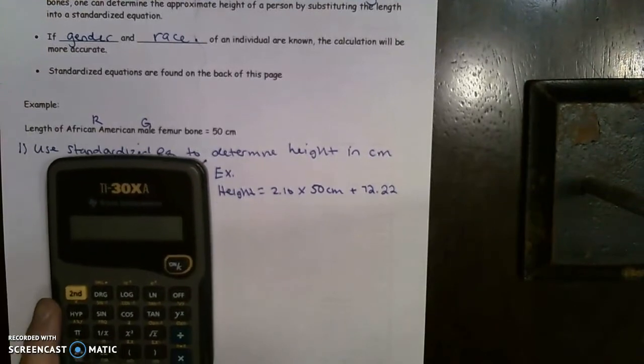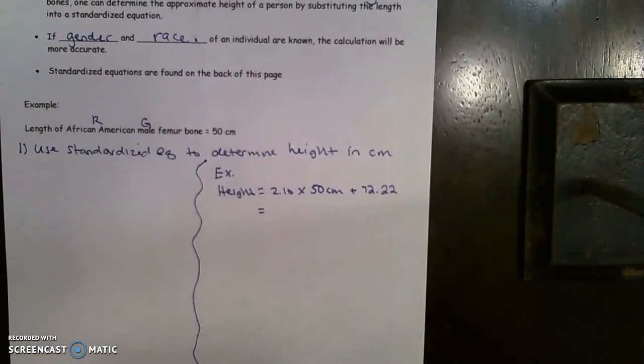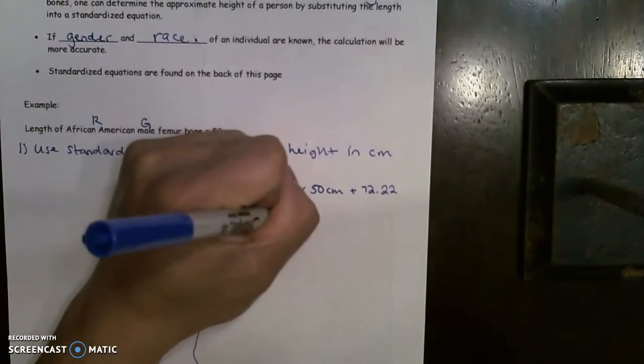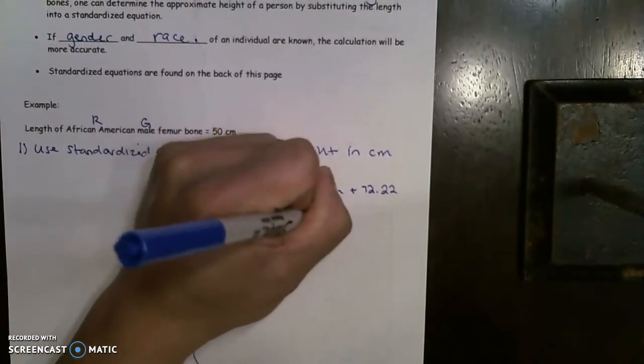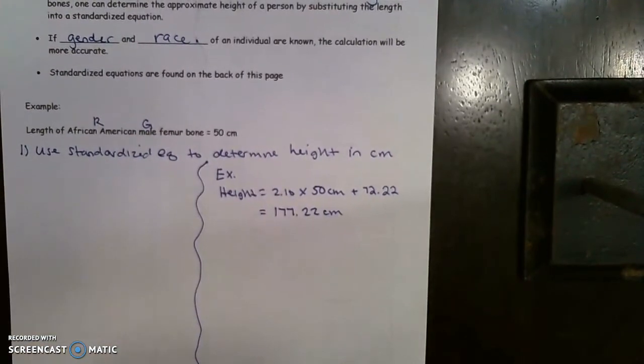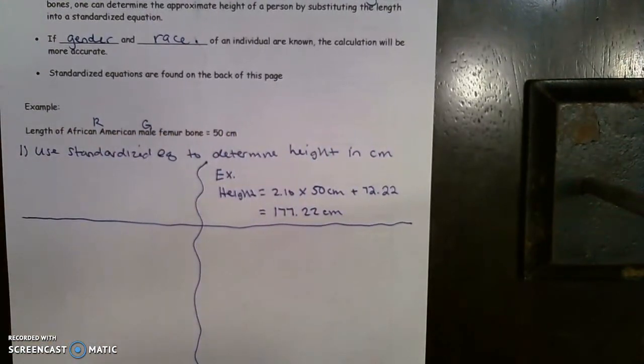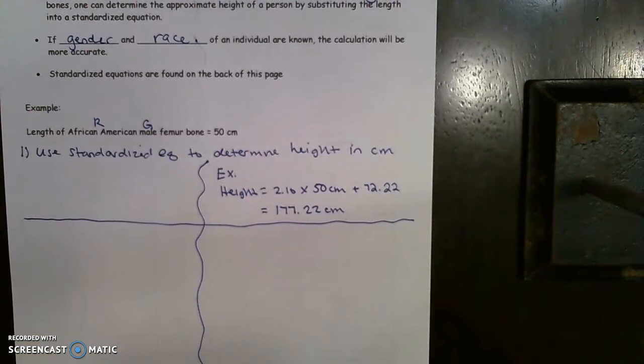And from this, I can determine that this African American male was 177.22 centimeters tall. However, in the United States, we're not used to giving someone their height by centimeters. So therefore, the next 4 steps, we're going to convert centimeters into feet and inches.